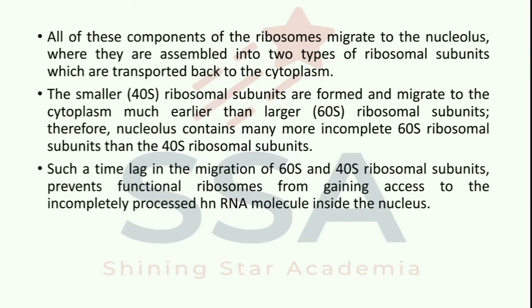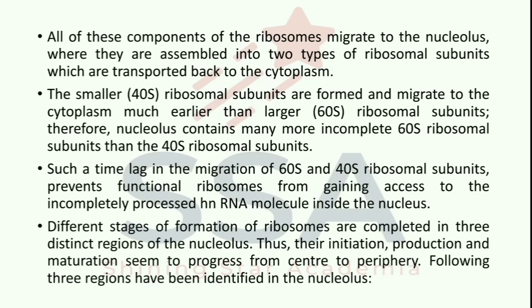Such a time lag in the migration of 60S and 40S ribosomal subunits prevents functional ribosomes from gaining access to the incompletely processed hnRNA, that is heterogeneous RNA, precursor for mRNA, molecule inside the nucleus. Different stages of formation of ribosomes are completed in 3 distinct regions of the nucleus. Thus, their initiation, production, and maturation seem to progress from center to periphery.